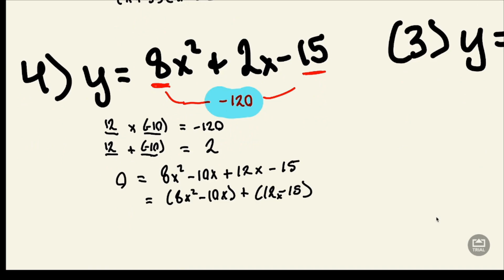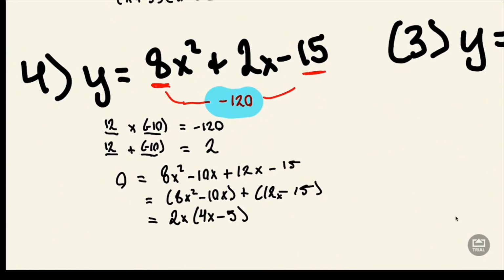Once you write it equal to 0, you don't have to do it again, because then you just know. Now, what's factorable in this bracket? 2x, because 8 is divisible by 2, and 10 is divisible by 2, and they both have x. I'm going to be left with 4x minus 5.